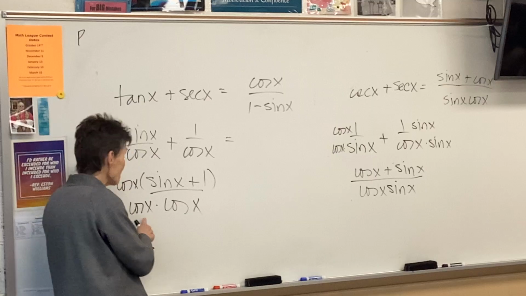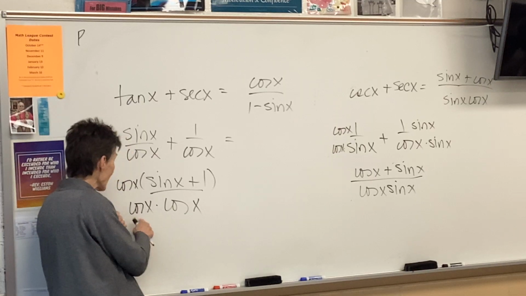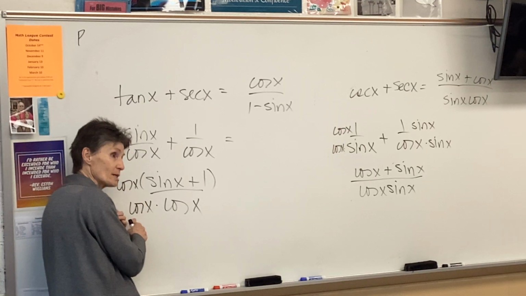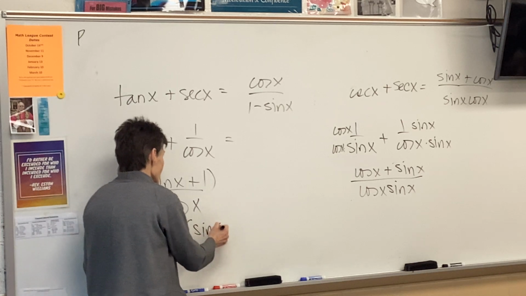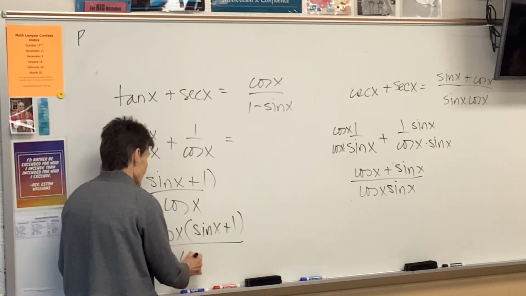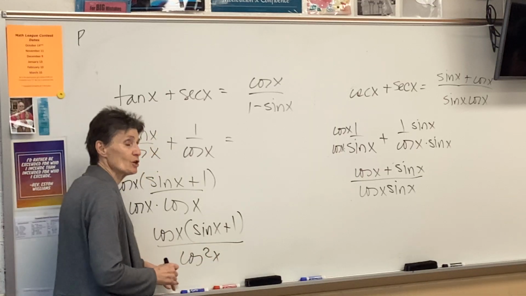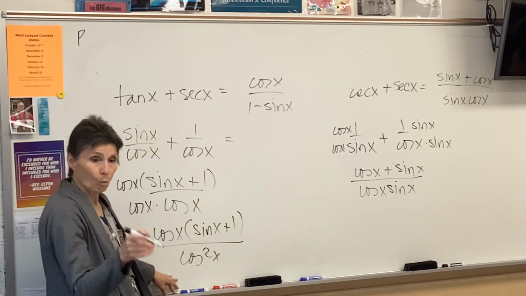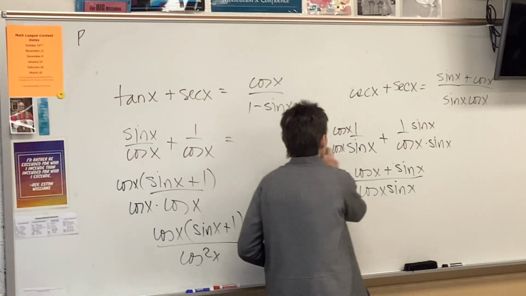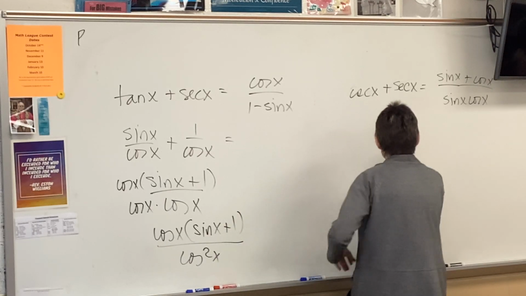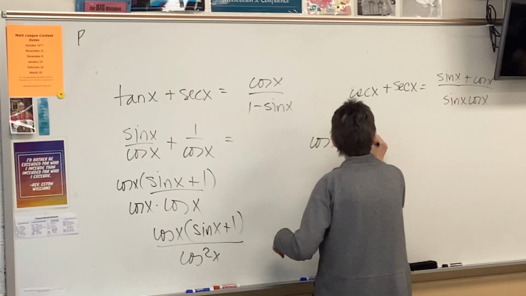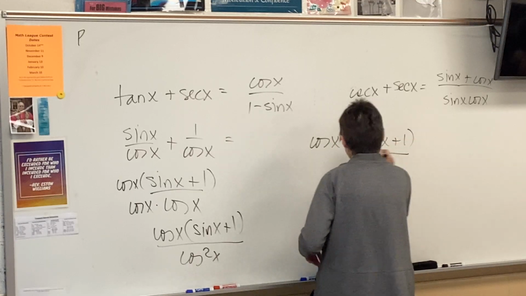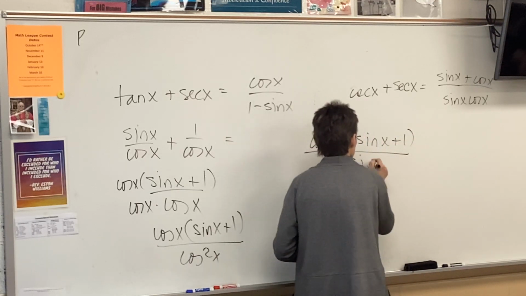So he says, let's make this square. To do that, we'll multiply top and bottom by cosine, which is completely legitimate. So now we have this. And what is cosine squared? 1 minus sine squared. So now we have cosine, sine plus 1, over 1 minus sine squared.